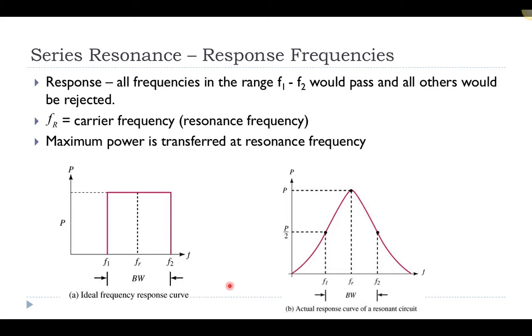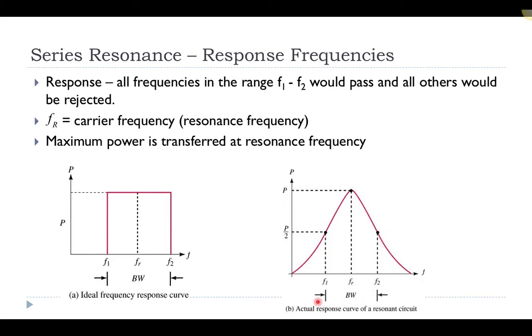But in an ideal world in our circuit, the power actually is not a flat curve like this. We have some maximum power, and that maximum of power occurs at resonance, and then the curve sort of flattens off on either side.